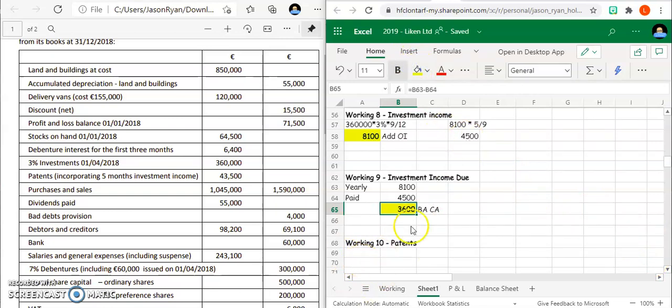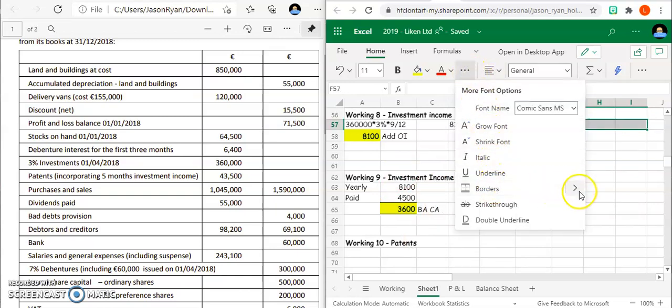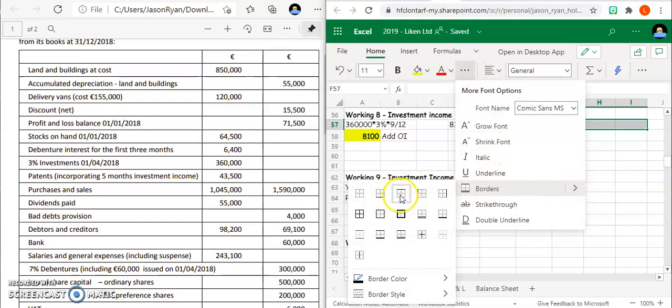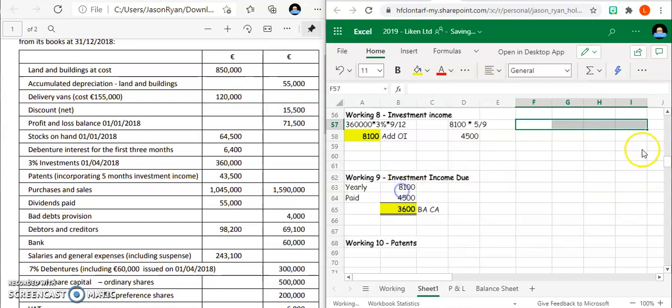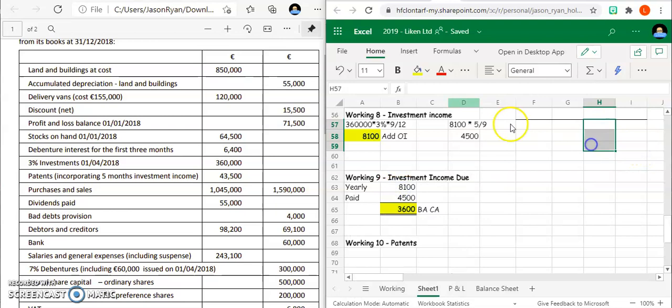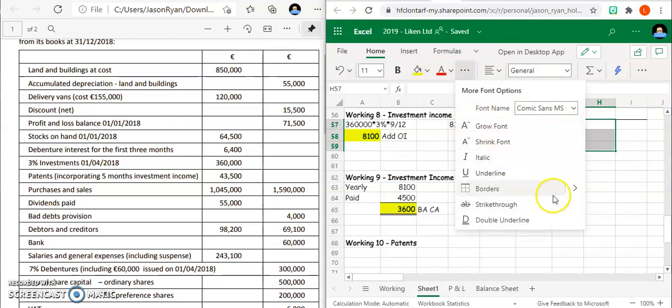So someone's put it into our patents, and remember, investment income goes on the credit side because it's income. Patents is an asset, so it goes on the debit side. So if we want to take it out of our investment income, if I quickly draw up a T account, and let's call this one our patents.